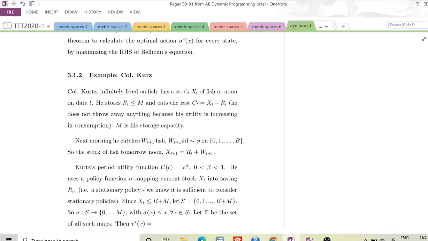classic novel by Joseph Conrad, Heart of Darkness, where Kurtz is this main character who becomes a demigod in Africa.